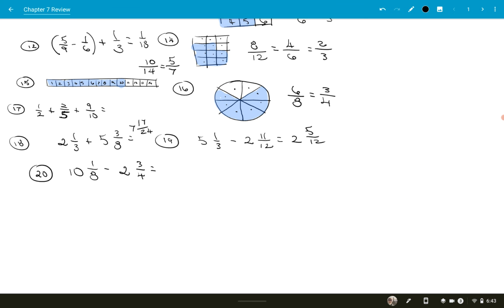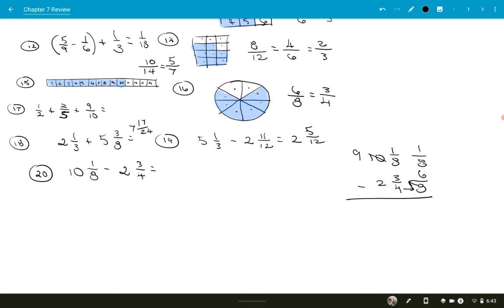And finally, the last one, number 20, it's 10 and 1/8, and we're subtracting 2 and 3/4. So we need a common denominator. Well, it should be pretty obvious that it's 8, so that's going to stay 1/8. 4 goes into 8 twice, and 2 times 3 is 6. Now, can we subtract 6 from 1? Well, no, we have to borrow, so the 10 becomes a 9. And what are we borrowing?